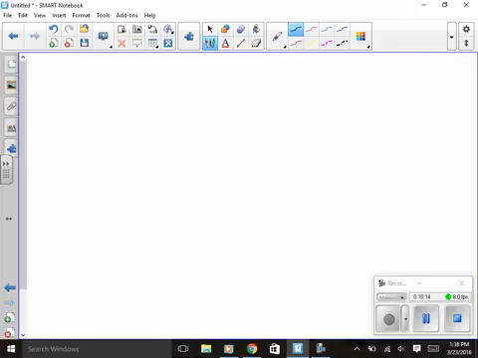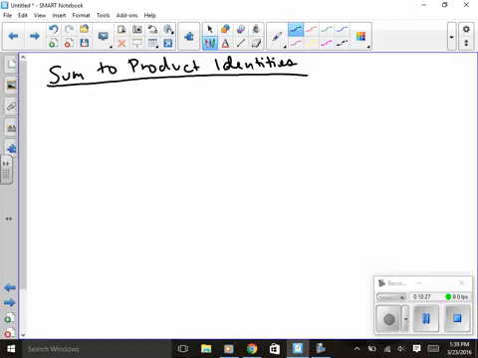And the last identity formulas, and this is the last of the chapter, sum to product identities. And with this, we have sine alpha plus sine beta is going to equal 2 sine alpha plus beta over 2. Sorry, that's a plus.